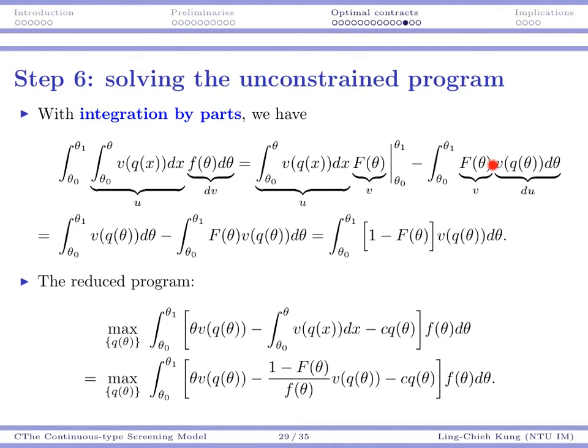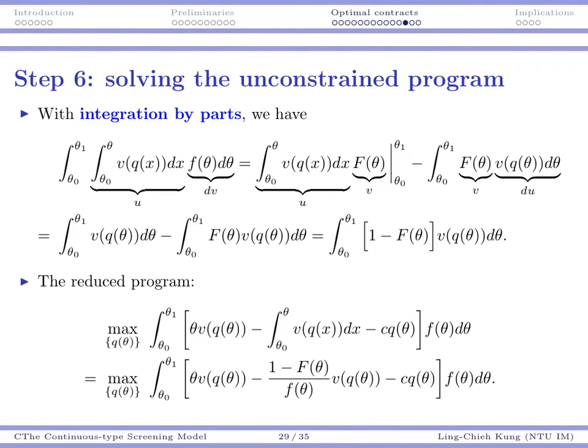V is here, right? And the du, you know how to do it, because if you differentiate this with respect to theta, then you're just going to get something inside. Fundamental theorem of calculus. Now you plug in theta 0 into here, theta 1 into here.